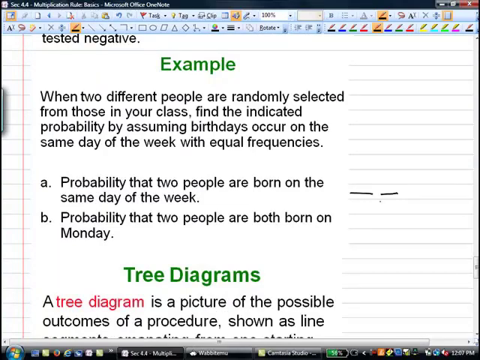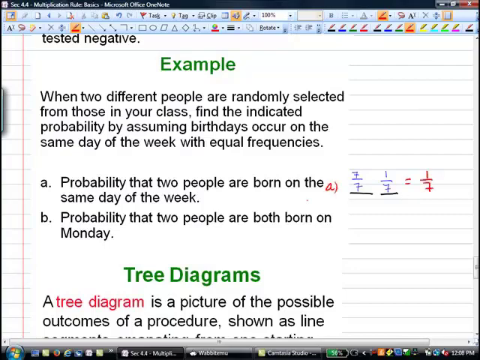Did we specify what day that first person had to be born on? No. So we have a total of 7 choices out of 7 days of the week there, don't we? The second person, though, has to be born on the same day. So now there's only 1 choice out of 7 days of the week. So the probability here would be equal to 1/7.